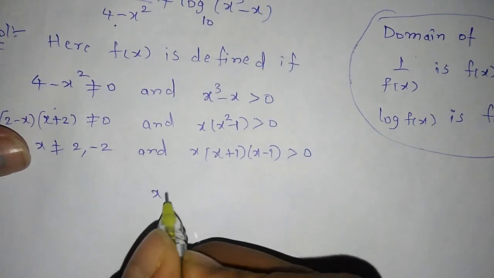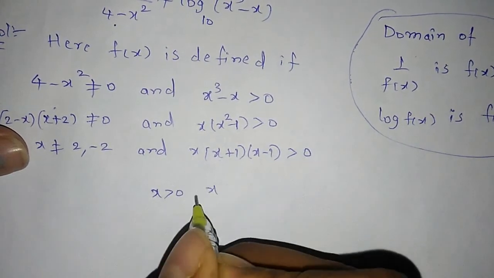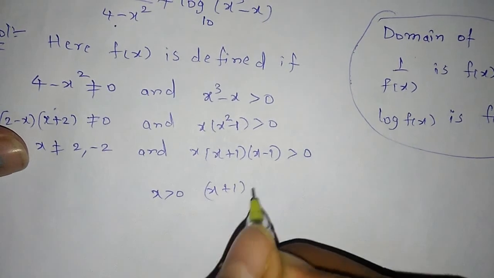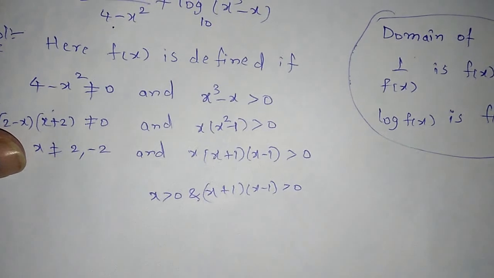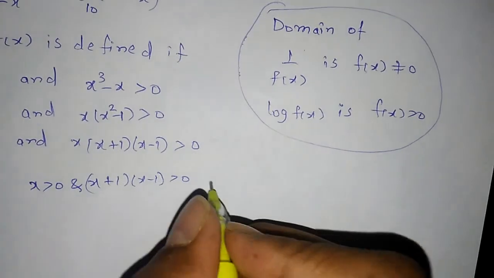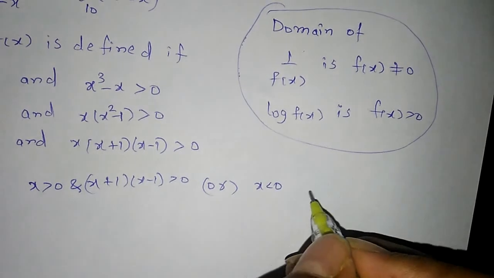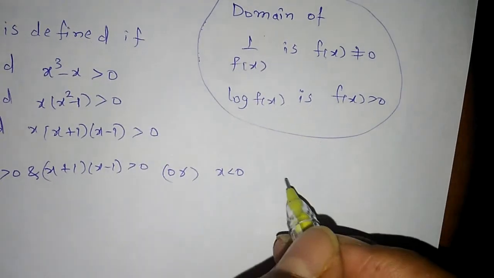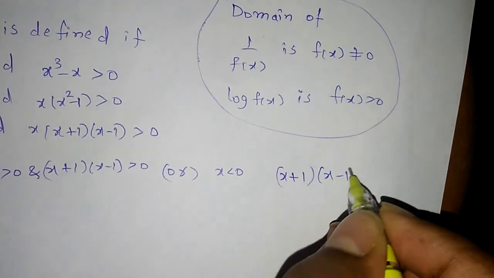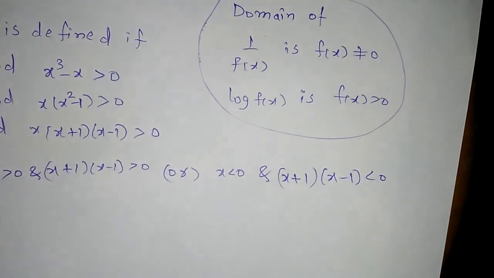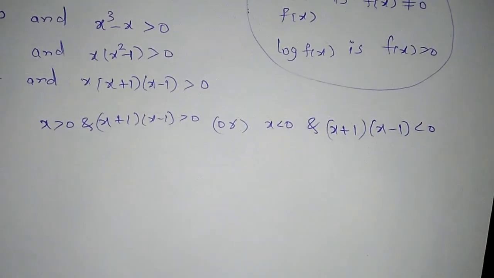So one is, if x greater than 0, then x plus 1 and x minus 1 must also be greater than 0. So that is and. Or if x less than 0, then x plus 1 and x minus 1 must also be less than 0. Here also and. Okay, we need to solve these two conditions.